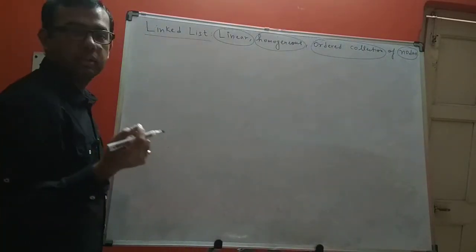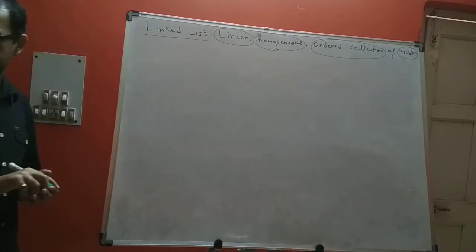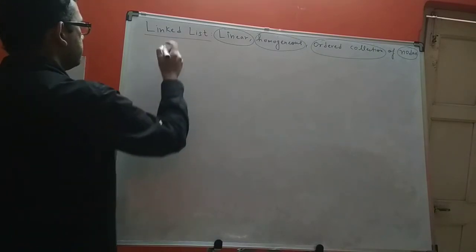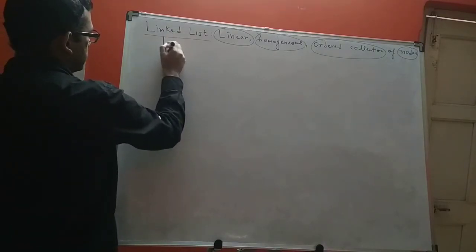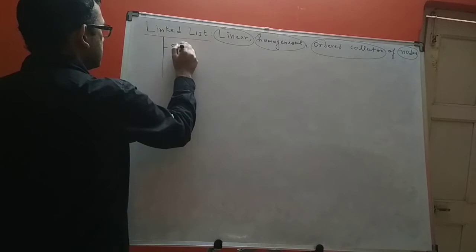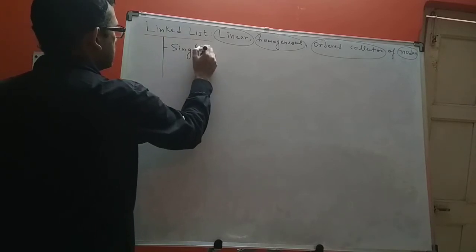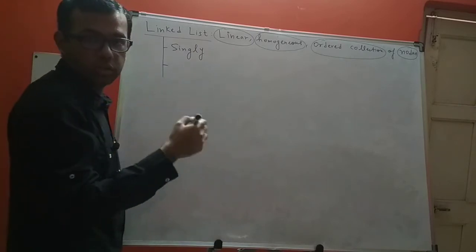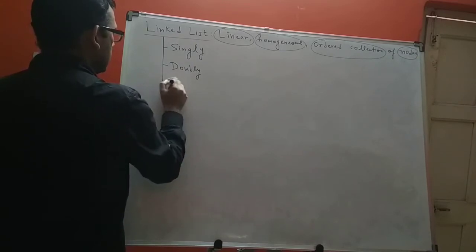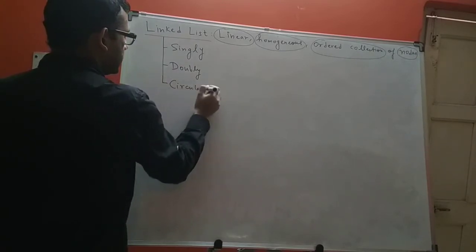The fundamental unit of any linked list is the node. There are three types of linked lists: a single linked list, a double linked list, and a circular linked list. You take any of these linked lists, they'll all be made up of nodes. Like we saw in the previous video in which we classified the data structures, a linked list is either a singly linked list, sometimes also called a single linked list, or a doubly linked list, or a circular linked list.